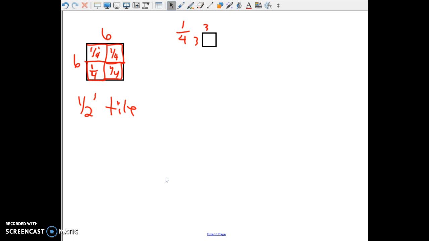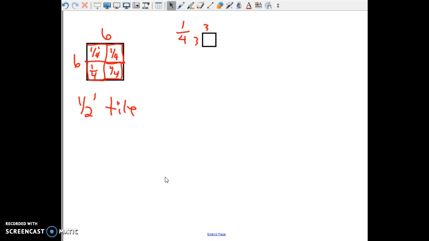Now number 4 says, how could you find the number of 1/4 foot by 1/4 foot tiles needed to cover the same closet floor? How could I do that? Anybody have any idea? Remember, it's going to take me 35 of the 6 by 6 tiles. And for every 6 by 6 tile, I need 4 3 by 3 tiles.